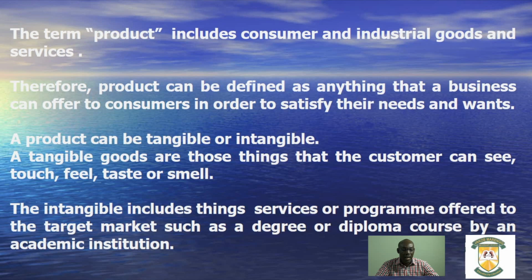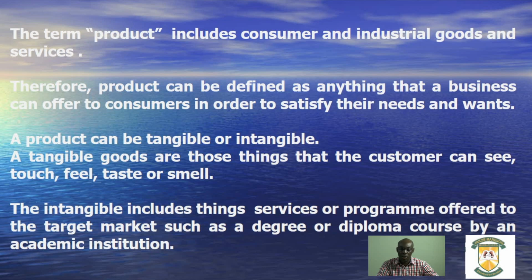It can be a tangible thing, it can be a service. So if I sell a phone to you, it's a product. If I render services to you, it's also a product. So a product in business does not necessarily mean something that you can hold. It can also be a service. That is what a product is.